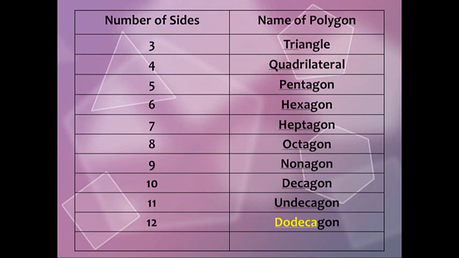And 12 is a dodecagon. And beyond 12, just say n sides, whatever that n may be, we just call that an n-gon. So a 20-sided polygon would be called a 20-gon.